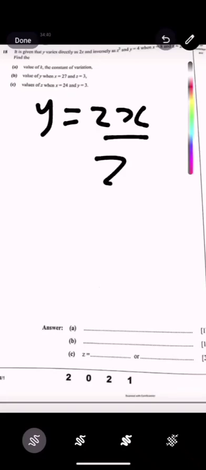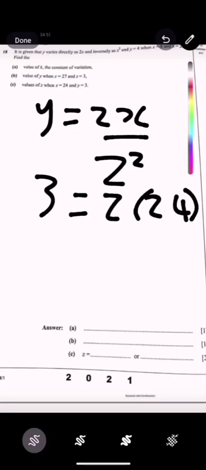C, value of z when x is 24 and y is equal to 3. So y is equal to 2x over z squared. So y is 3, 2x is 24, z is what they want. So be careful with this question because you may not get the full marks if you haven't done it properly.